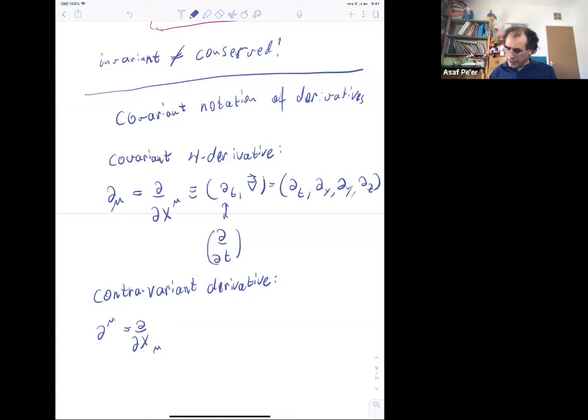But here we just use them, and there's no need to go deep into why. It's just dt minus d over dx, d over dy, and d over dz.